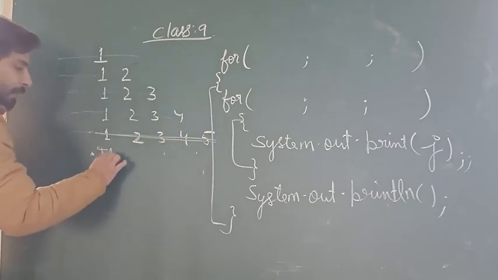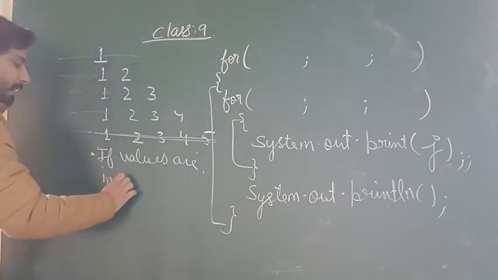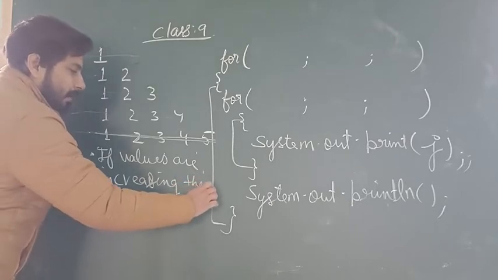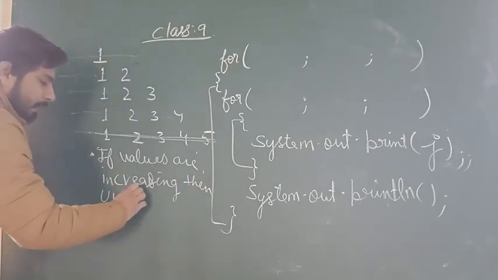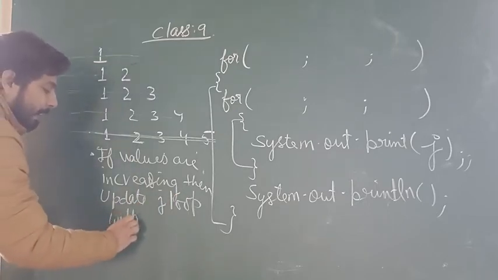If values are increasing, then update the j loop with the increment operator.